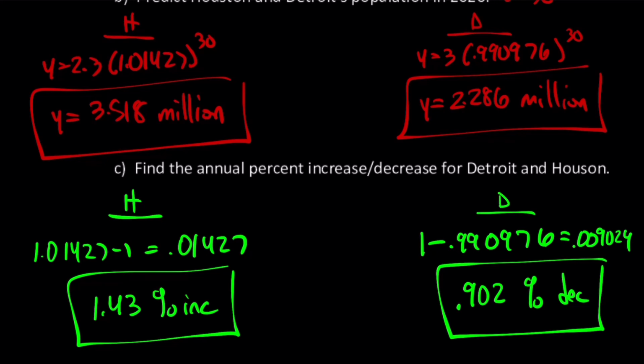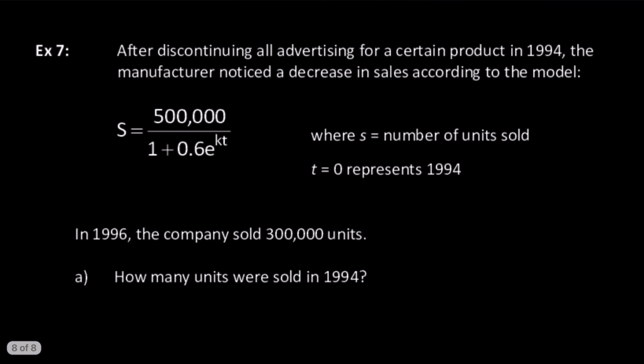Okay, so one more example. And this one's kind of interesting, a little bit different than what we've seen before. They're going to give you an exponential function. This one represents advertising costs. It says, after discontinuing all advertising for a certain product in 1994, the manufacturer noticed a decrease in sales according to this model, which doesn't look anything like what we've done yet in this unit.